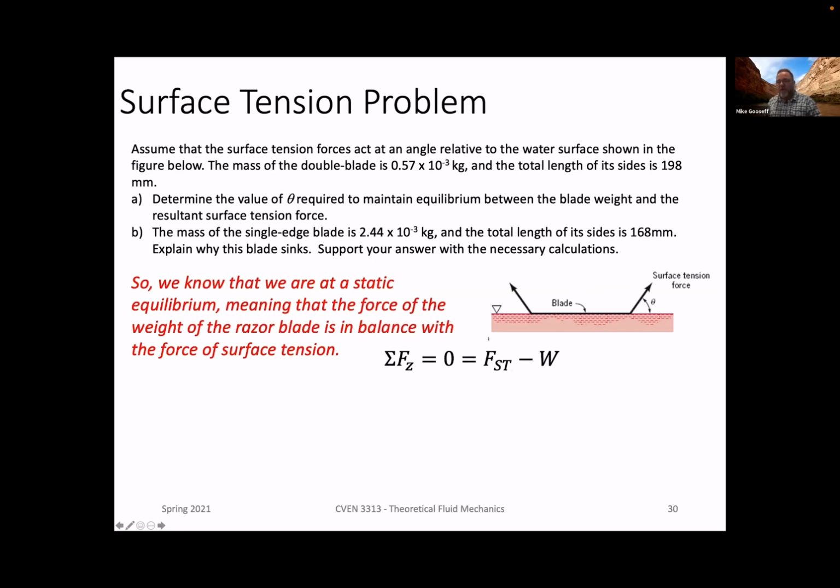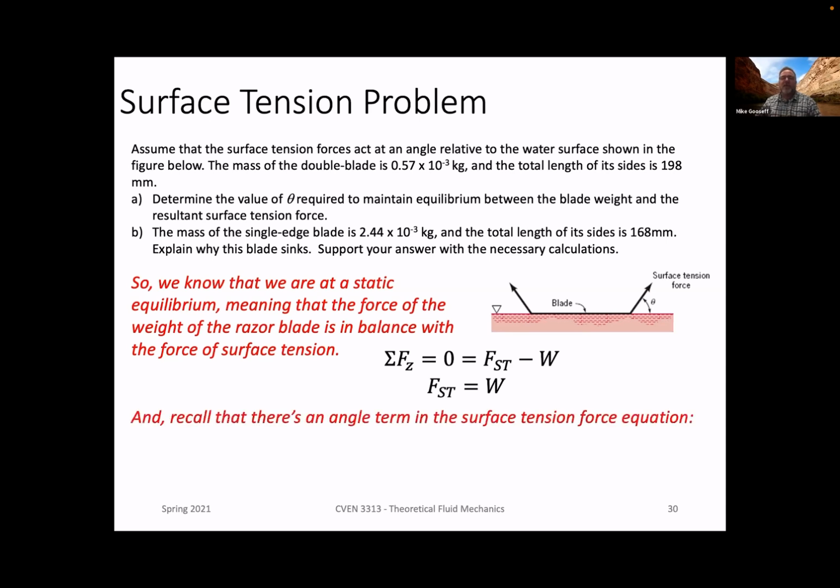Some component of surface tension is working upward minus weight working downward, which means, of course, that we can set them equal to each other. I have simplified this and not added the vertical component of the surface tension force. We'll get to that in just a moment. There is an angle term in the surface tension force equation, and I haven't put it in here yet because I want to ask you what it is.